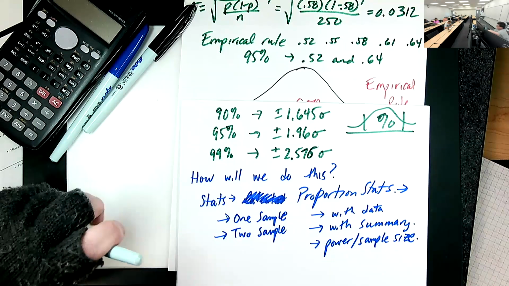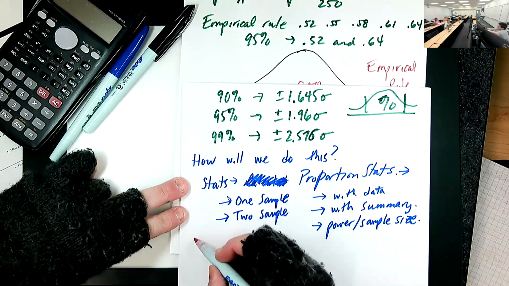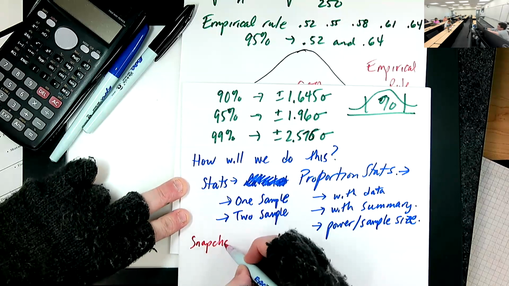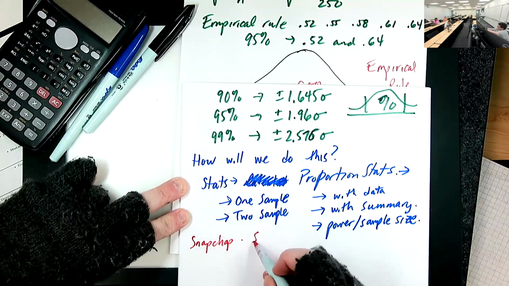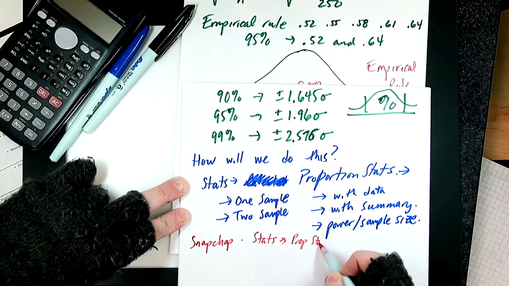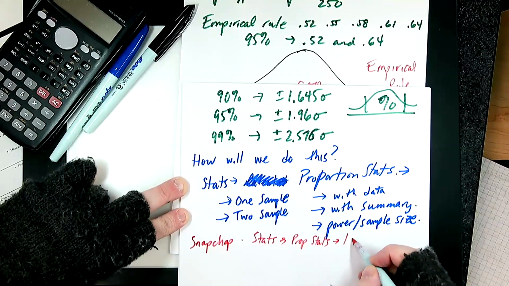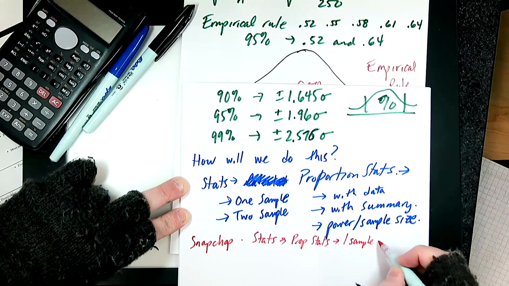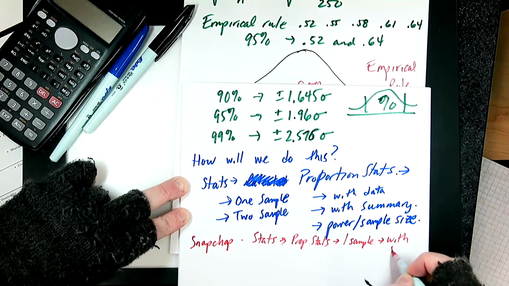So when I did this with my Snapchat, I did Stats, Proportion Stats. I did 1 sample, and I said with summary because I didn't have all the responses.